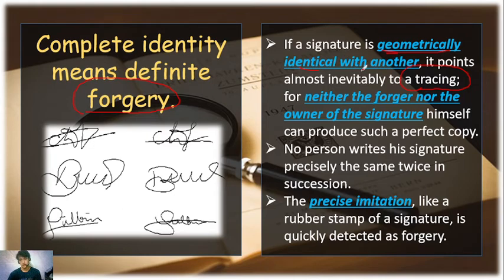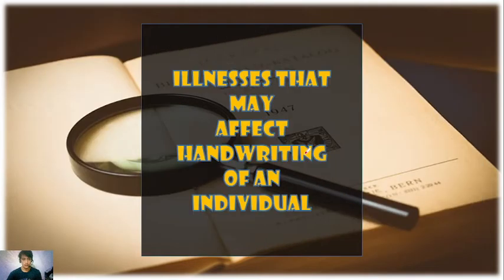Measurements of the letter, measurements of the writings, are very much similar with the two specimens. Two specimens are very much similar with each other. So that is a sign of forgery. And with that, those are some of the basic principles of handwriting identification.